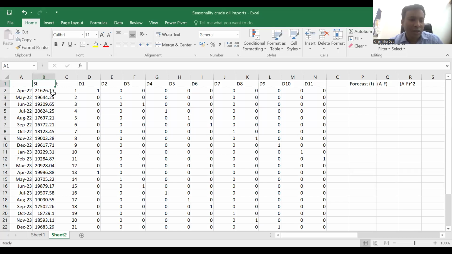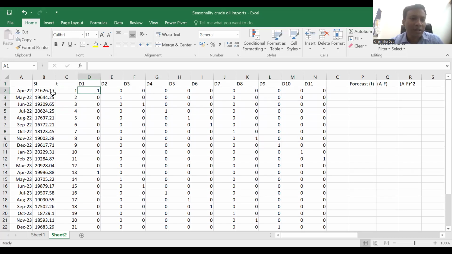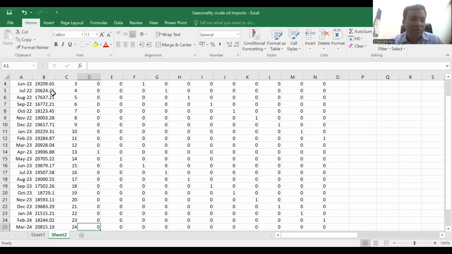So the series has 24 observations. Time is given here and the dummies are given here. For example, for April, the dummy D1 takes value 1, and for the rest of the months, it takes value 0.